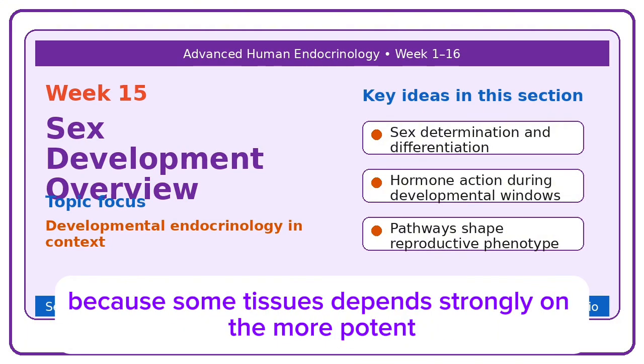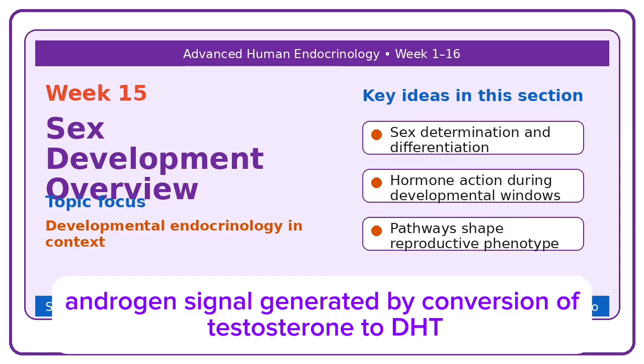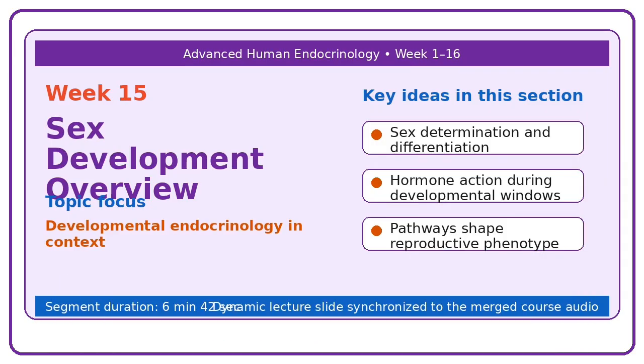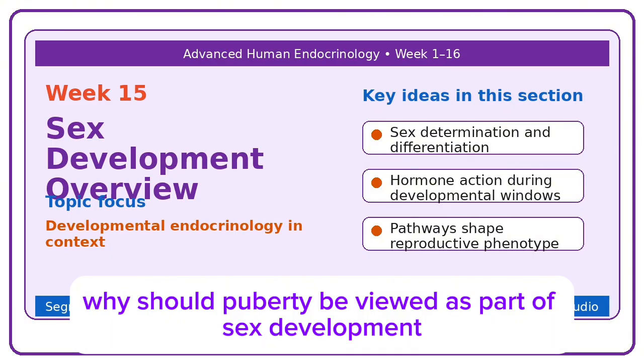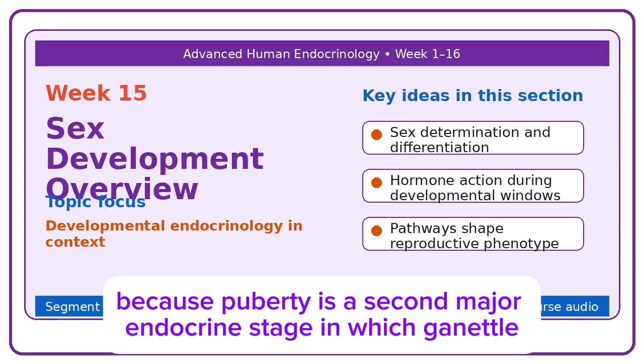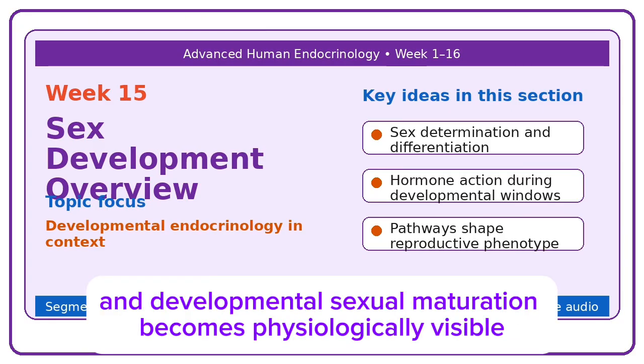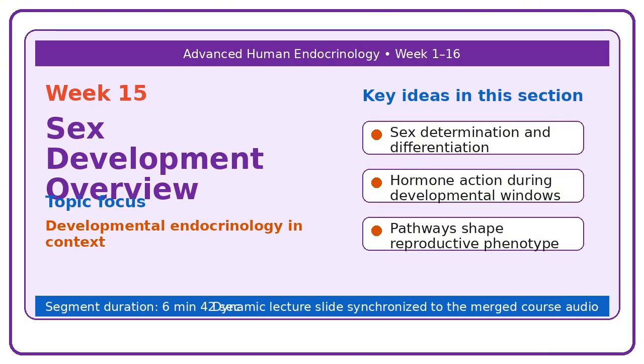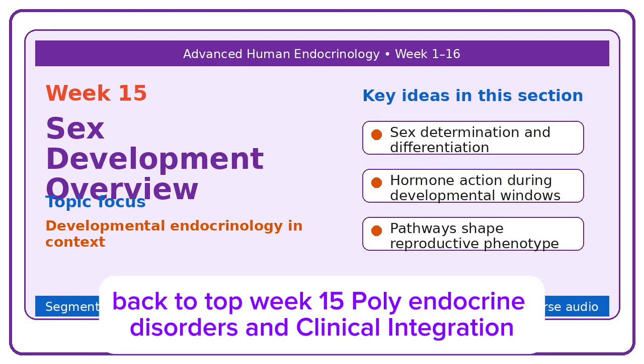Because some tissues depend strongly on the more potent androgen signal generated by conversion of testosterone to DHT. 3. Why should puberty be viewed as part of sex development rather than a completely separate topic? Because puberty is a second major endocrine stage in which gonadal steroid production rises and developmental sexual maturation becomes physiologically visible.